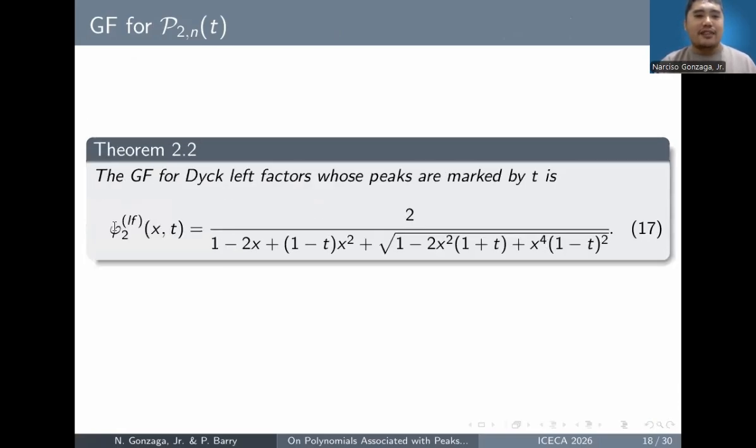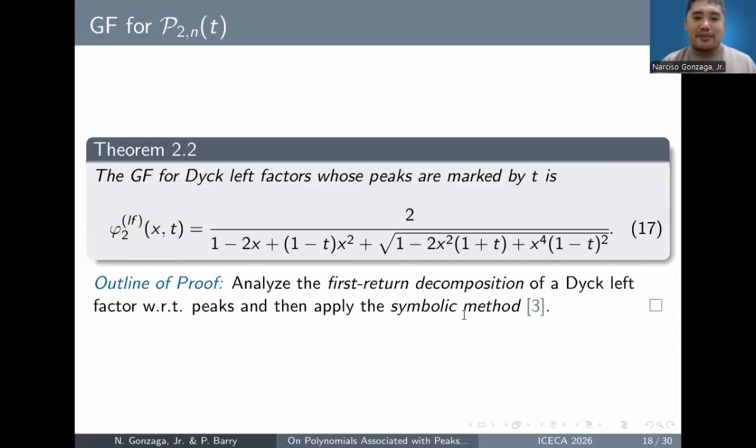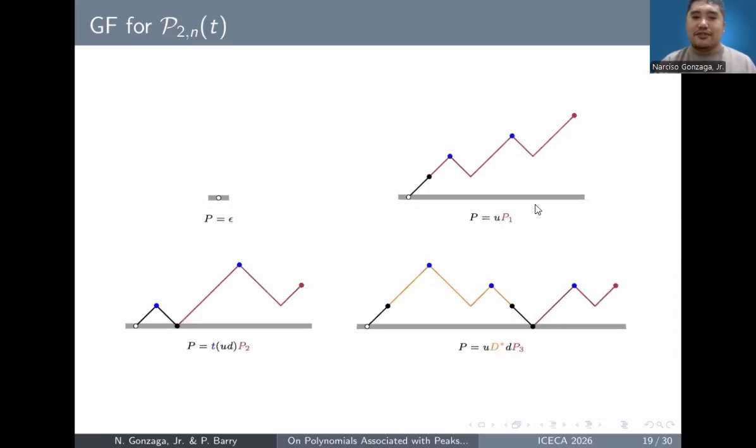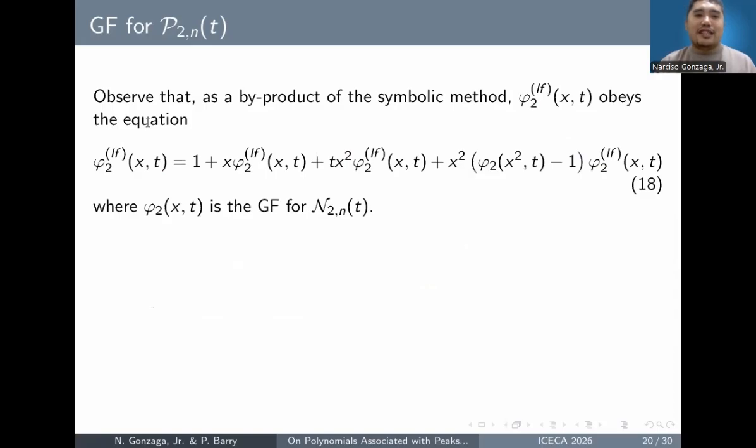And our candidate generating function for Dirichlet factors is defined in equation 17. Well, we can prove this by analyzing the first return decomposition of Dirichlet factors with respect to peaks, and then apply the symbolic method. So these are the four decompositions, and using them, we arrive at this functional equation here.